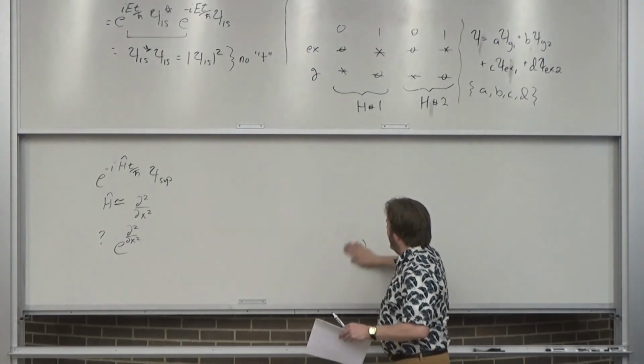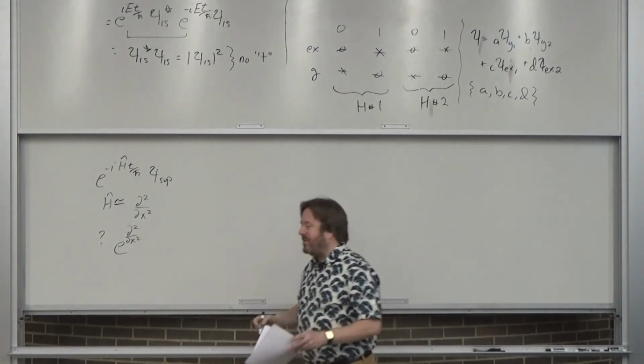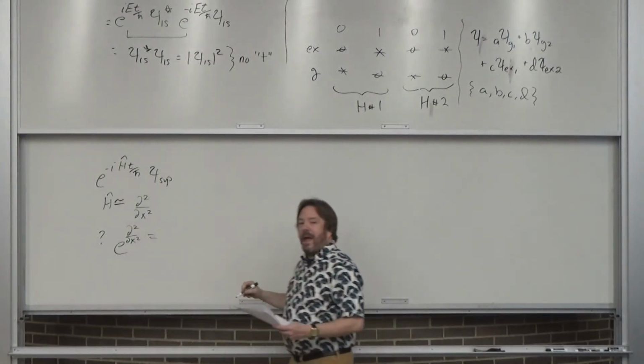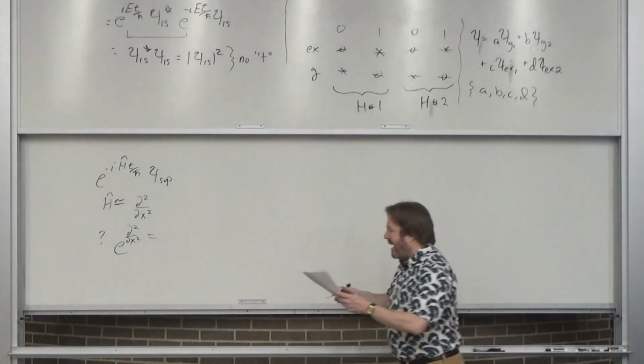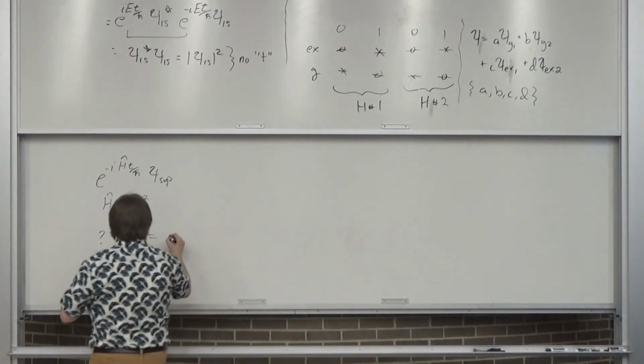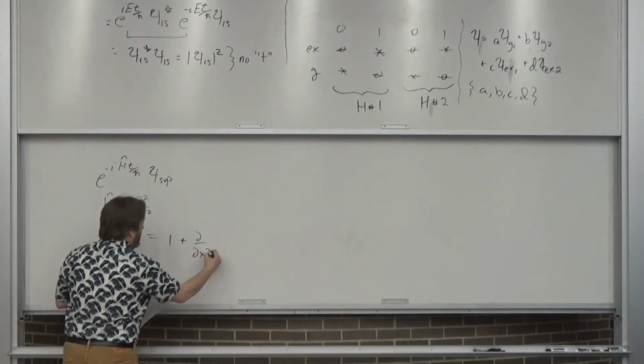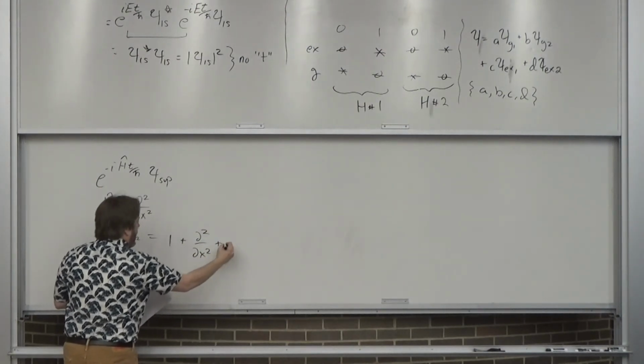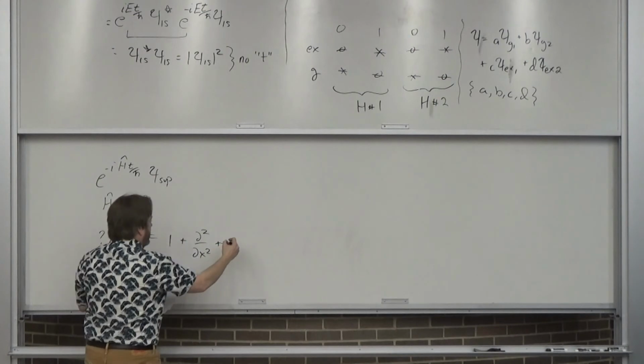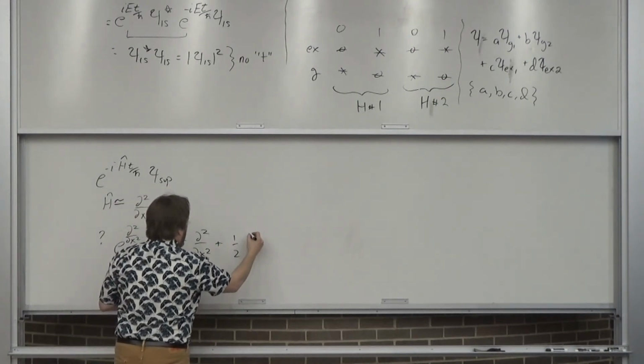And the way to do that is remember that exponentials can be written as a Taylor series, right? E to the x is 1 plus x. Of course, our x is now a double derivative. Plus 1 half x squared.